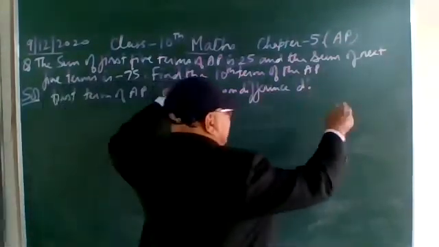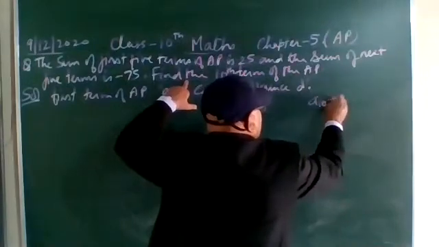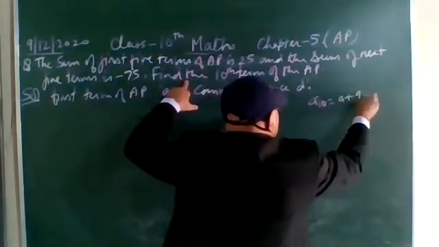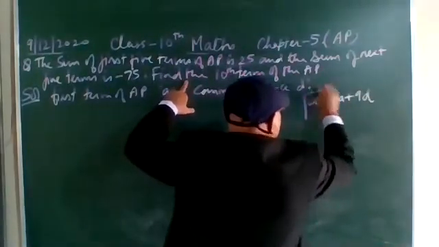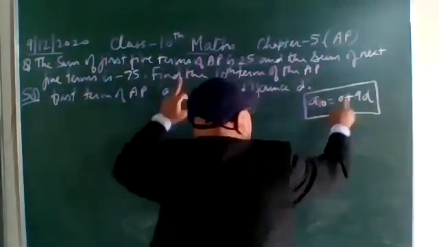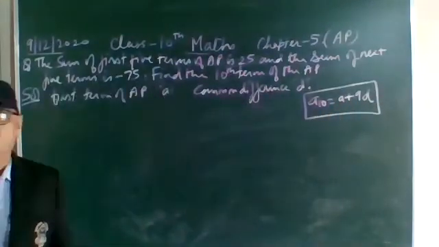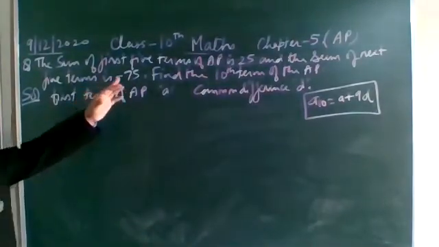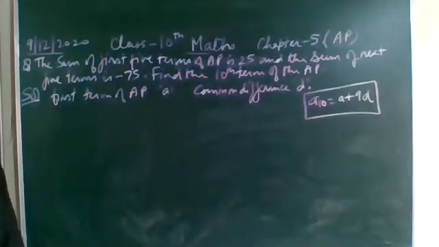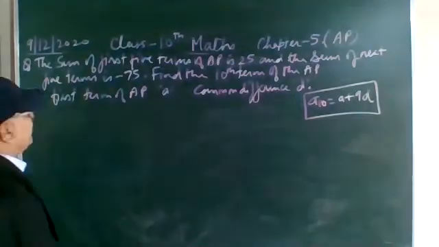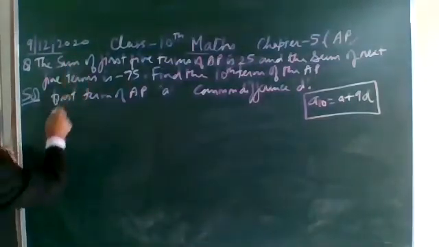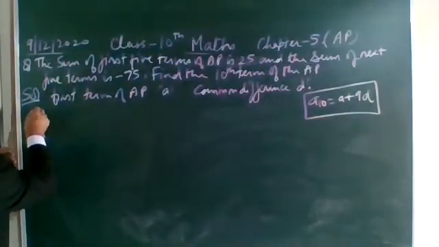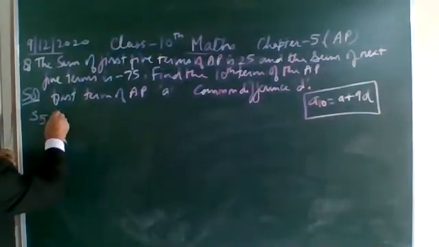What you need is a + 9d. It means that if you know the value of a and d, you will get a10. But in the question, you do not have the first term and the common difference. So what is given? Sum of 5 terms. So S5 is what?